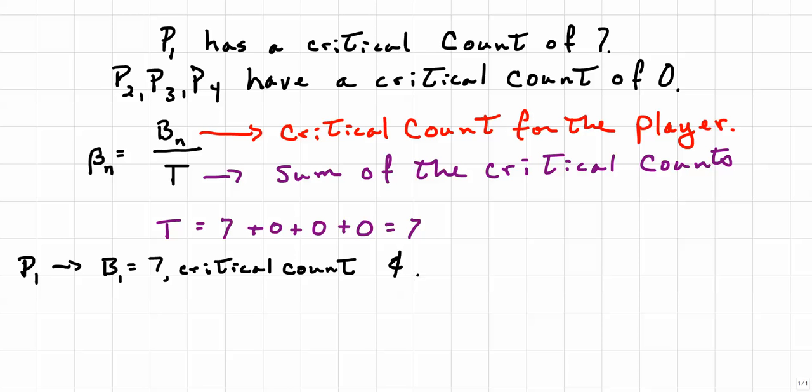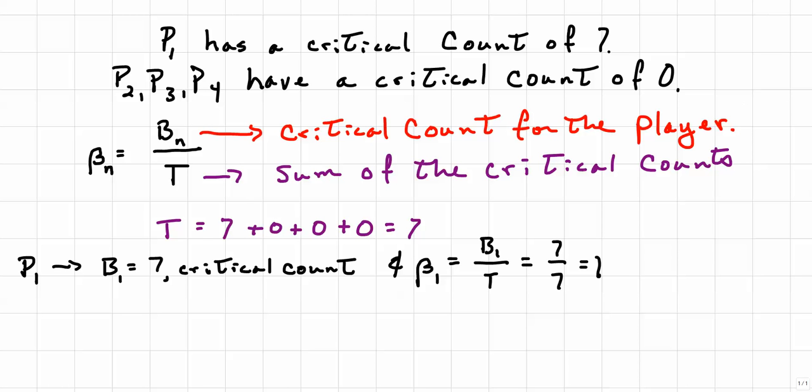And that will yield a beta sub 1, which is equal to B sub 1 over T, which is equal to 7 over 7, which is equal to 1. You will reduce to either an integer or a fraction in simplest form.